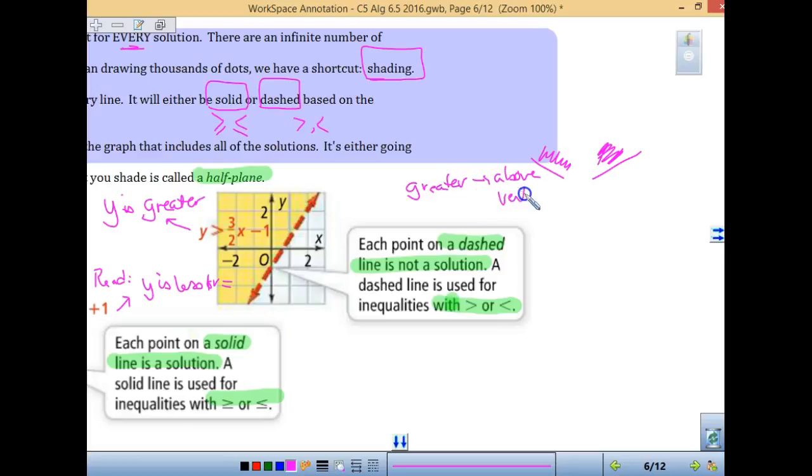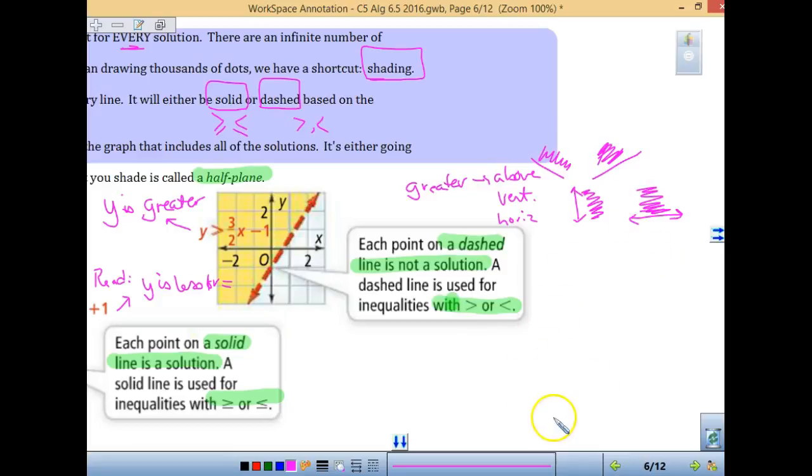If it's a vertical line, where is going to be the greater? To the right or to the left of the vertical? To the right is going to be my greater. How about if it's a horizontal line? Where should my greater be for a horizontal line when I graph it? Above or below? Above. So add this to your notes. For anything greater, we should shade above it.